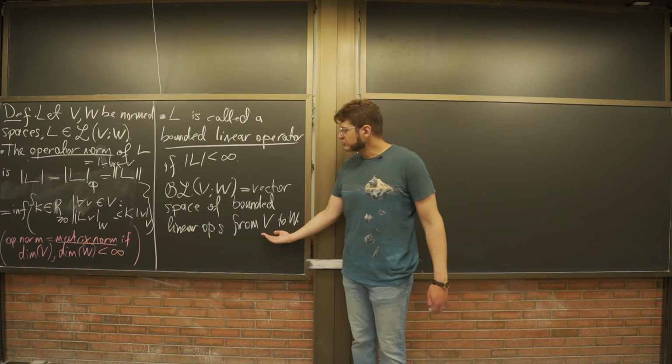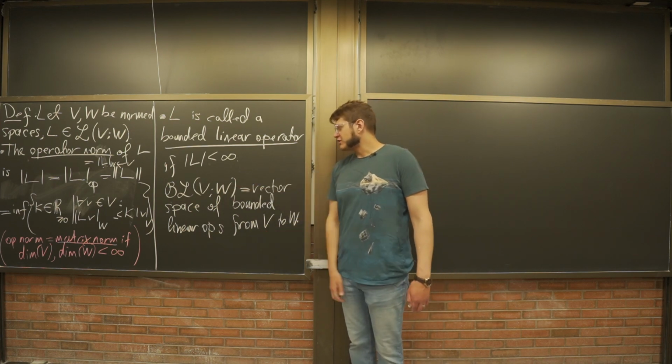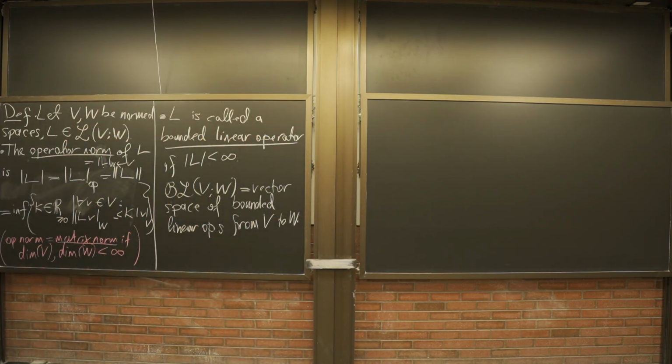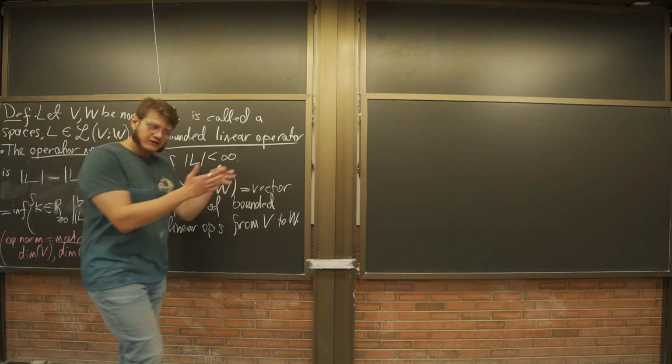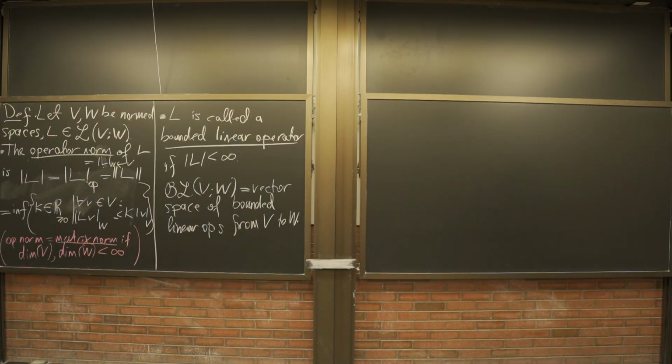Of course, again, the moment you see this, you should immediately question if indeed this collection of bounded linear operators is a linear space, which means that if I were to take two linear operators that are both bounded, is it the case that their sum, which of course is a linear operator, is also bounded?